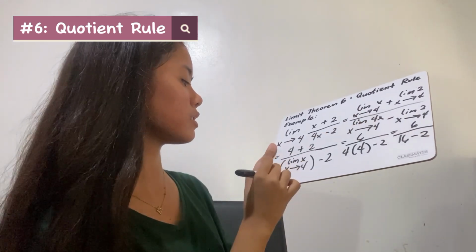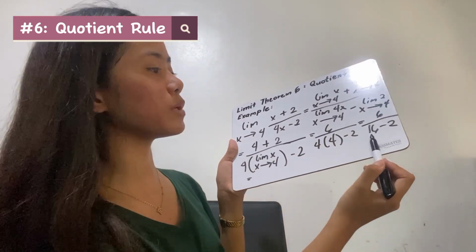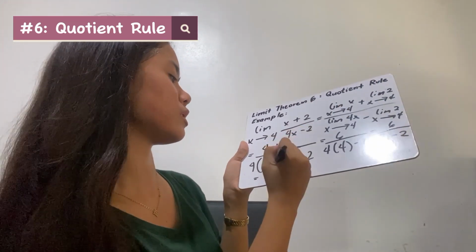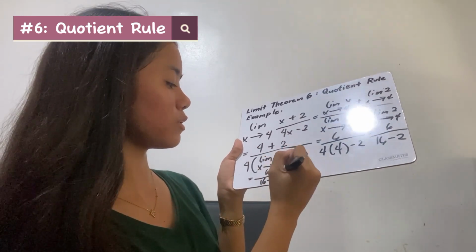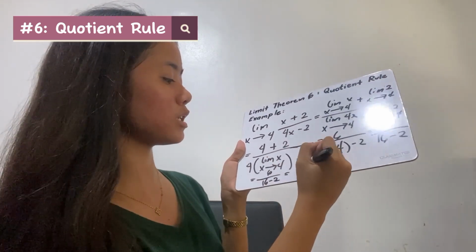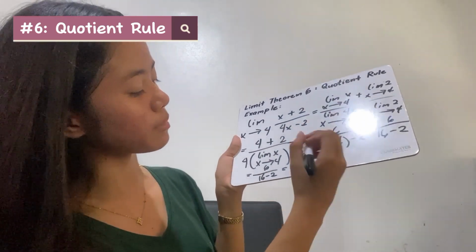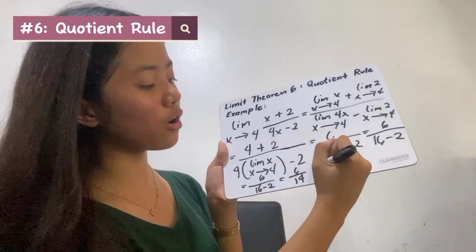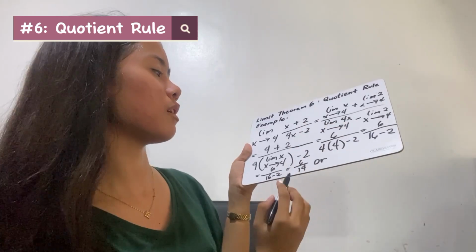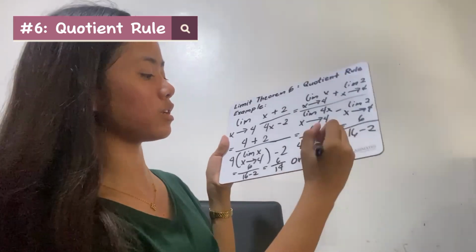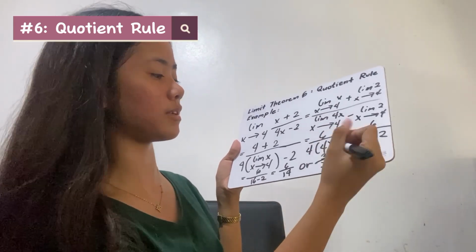Ang magiging sagot ay, i-operate mo muna yung sa ilalim, yung denominator. So, 6 over 16 minus 2 equals to 6, copy numerator, 16 minus 2 is 14. Or, in simpler term, 6 over 14 is also 3 over 7. Okay.